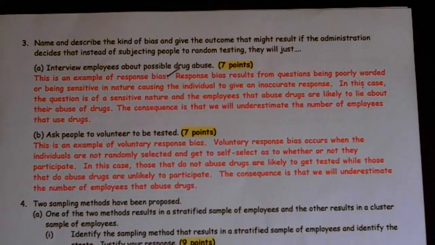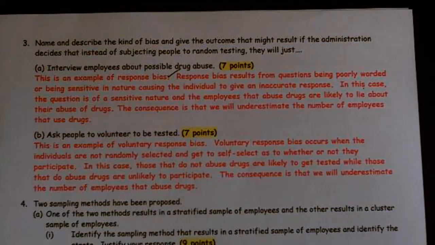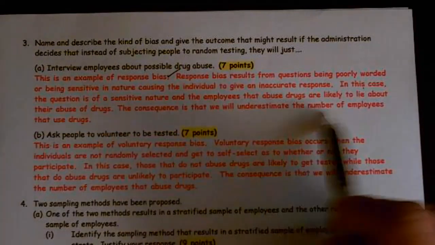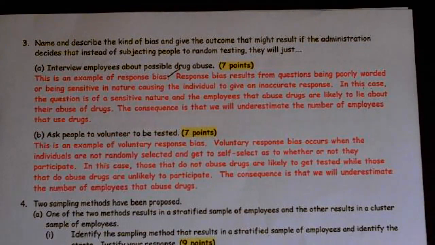Okay, what will that overrepresent? Since we're talking about bias, we're either going to underrepresent something or overrepresent something. The consequence is that we will underestimate the number of employees who use drugs, or we'll overestimate the employees that don't use drugs. But you should have said something along those lines.